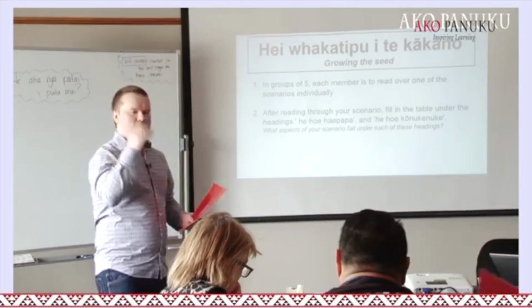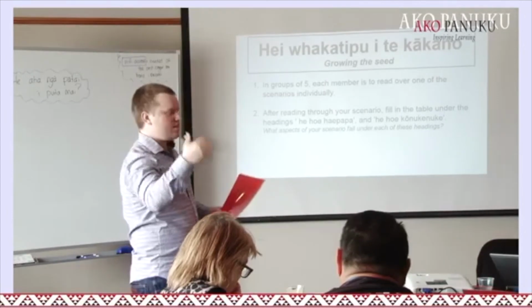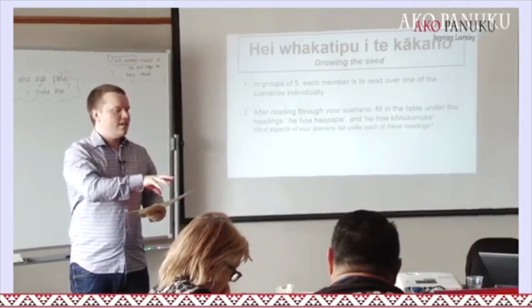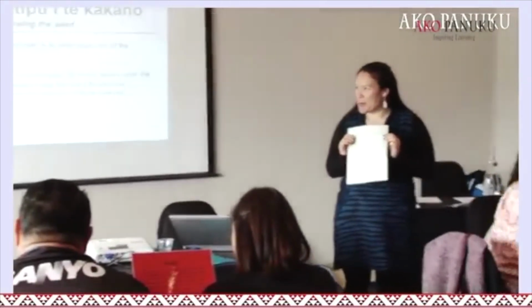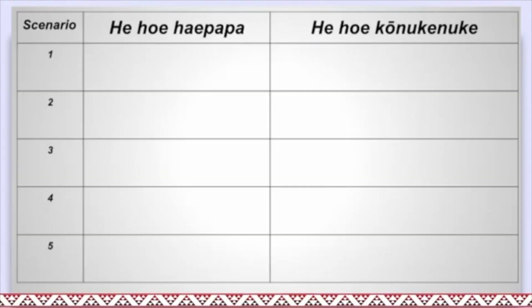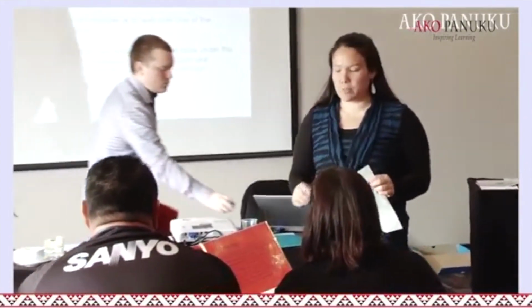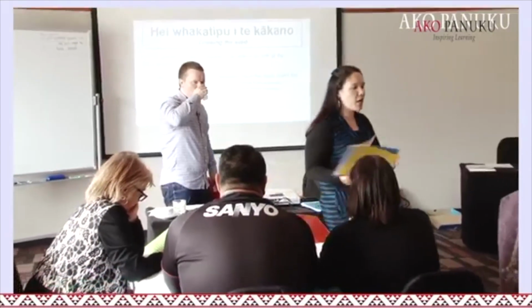So if you've got scenario 1, you'll put your answers in scenario 1, that first column, scenario 2, etc. And we just want you to pick out the practices that enhance, so he hoe haepapa, put them in that column, or the practices that hinder good assessment practice. I'm using the word practice a bit too much, but you've probably got about 10 minutes at max to do this. So it's an individual thing. Everyone should have a scenario. So put your hand high and wide, wave it around if you do not have a scenario in your hand.